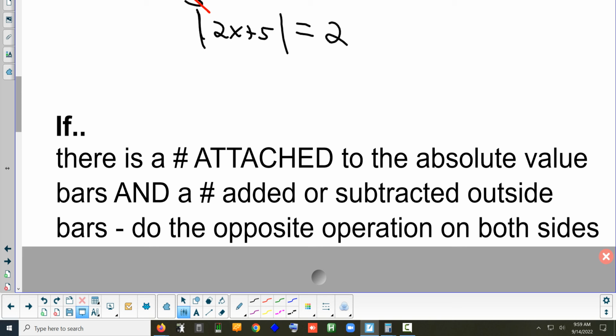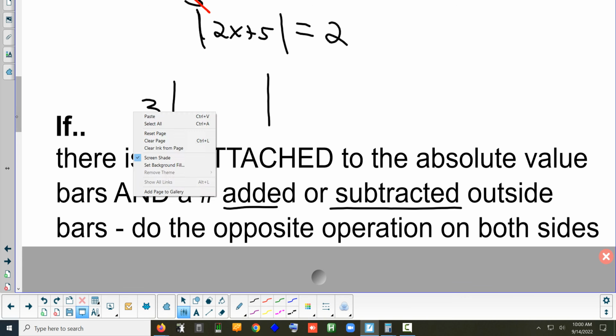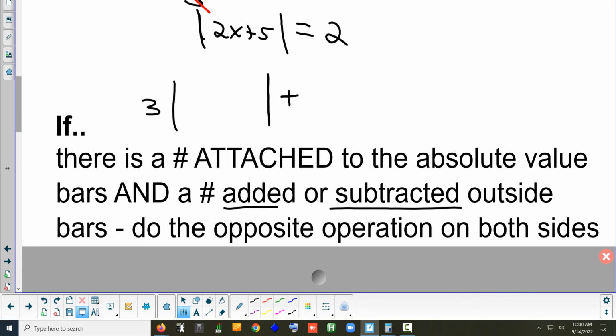Let's say that you not only had a number that was attached to it, but then you also had something that was added or subtracted from it. So not only do you have a number attached, like maybe something like this, let's say 3, and then you had something in absolute value, doesn't matter what's in the absolute value, but now you have a number attached, and let's say you put a plus 6 here.